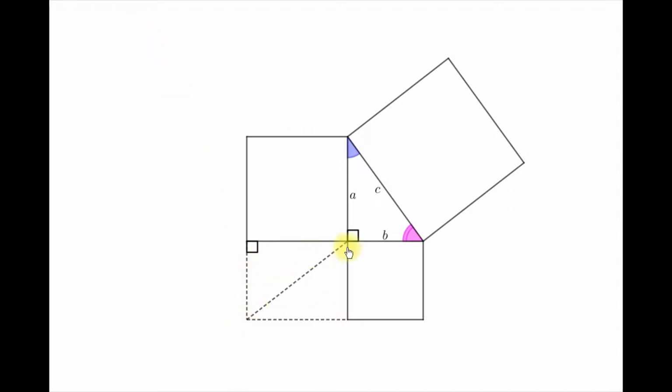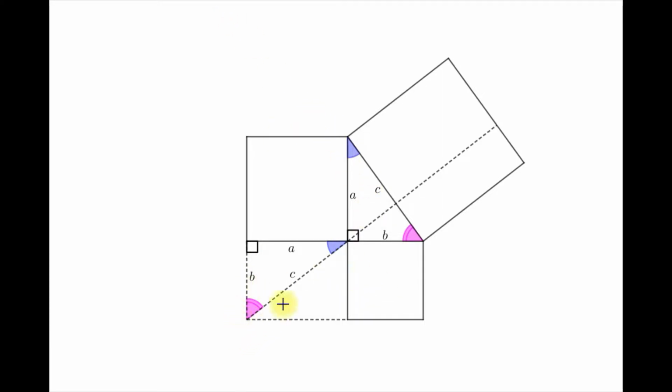I'm going to throw in the diagonal of that. And now, because of the way that I've done this, this little triangle that I've done down here had sides A and B. It's right angled. So I look at it, this triangle down here and this triangle up here are exact copies of each other. So this guy and this guy are exactly the same thing.